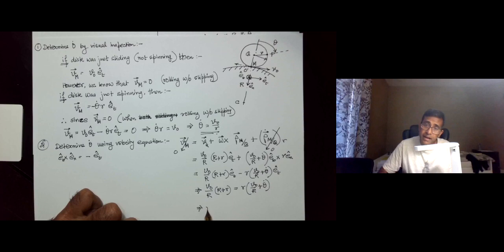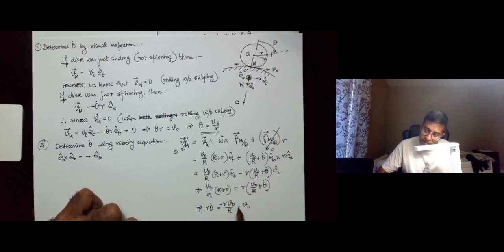So we can say that r times theta dot is equal to, now let's take all the terms to the right and just keep the r theta dot on the left. So we have r V0 over capital R minus V0, or rather this should be minus because I have taken r theta dot and I am putting everything on the other side.